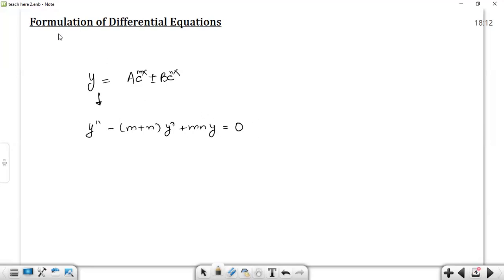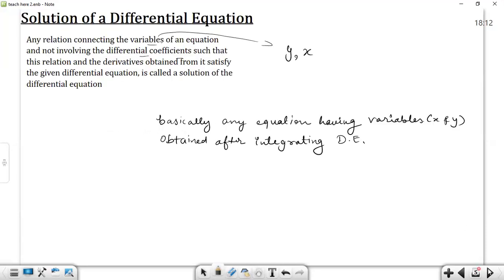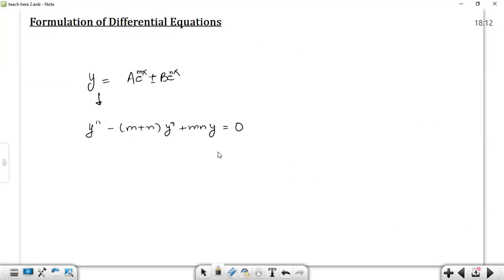This is just one addition of a short formula, which we can call a result, which we can remember for solving these questions in a faster way. M and N are the multiples of x in the exponents. Okay, so is this clear?